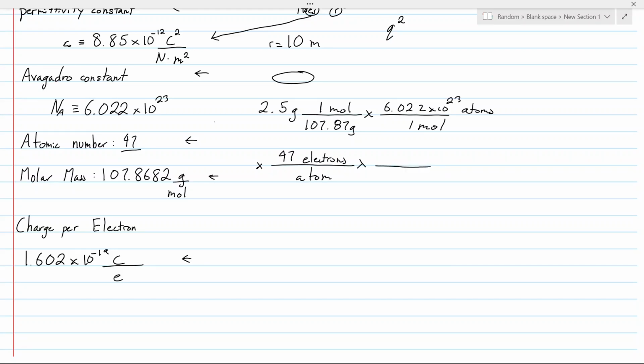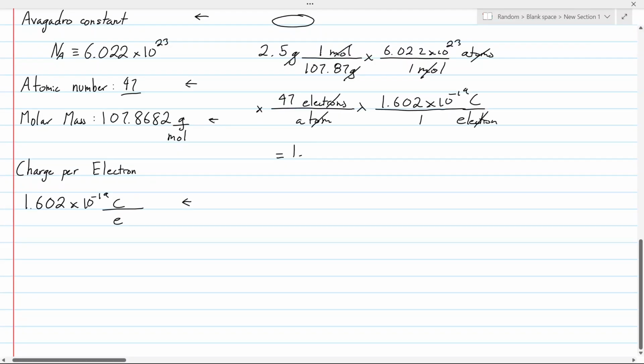And then we multiply that by 1.602 times 10 to the minus 19 coulombs per 1 electron. So we can see that by units, we get something in the unit of charge, which is 1.05 times 10 to the 5 coulombs.